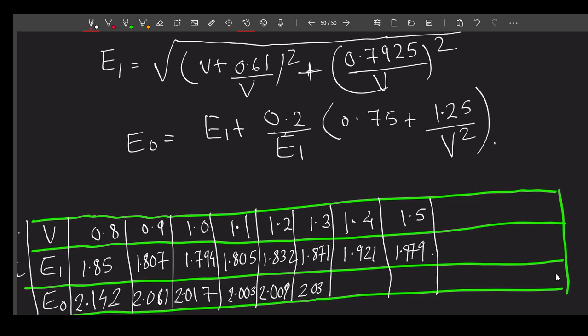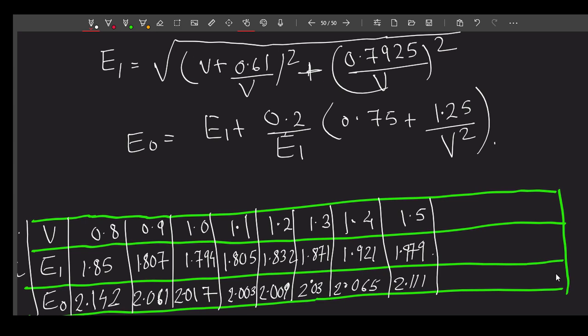Now, for this, you can think about what is happening here. See, V is linearly increasing. What about E1? Suddenly a droop here in this region, in these values.